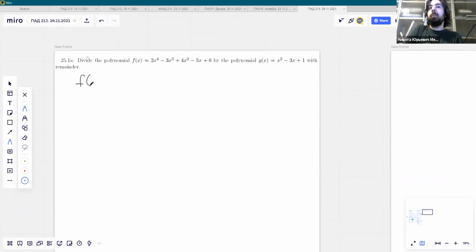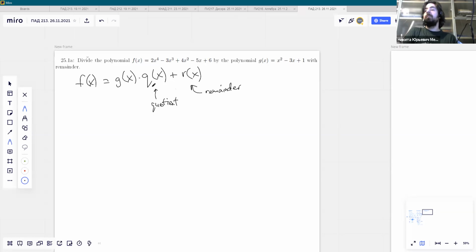So you should know from the lecture that if you have a polynomial over any field, that means with coefficients from any field, and another polynomial over the same field, then it is possible to find such polynomials Q and R. They are called quotient, частное, and remainder, остаток, that are very similar to the process of division with remainder that you know from discrete mathematics.